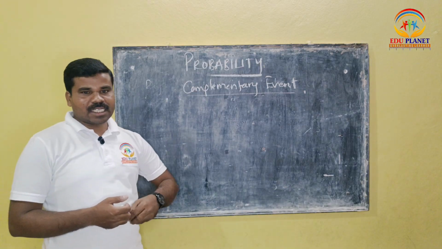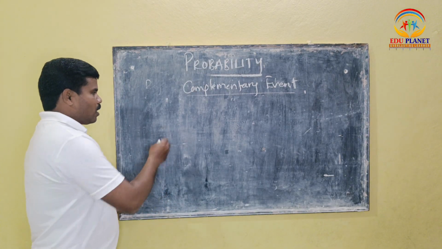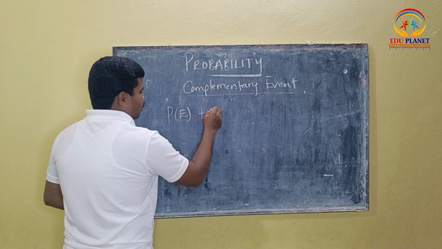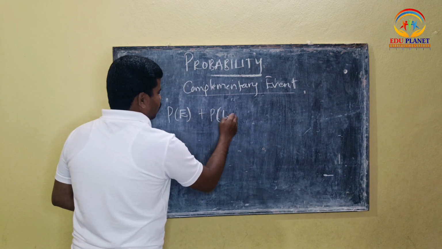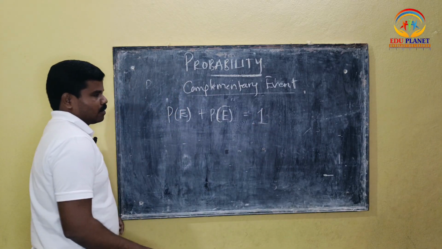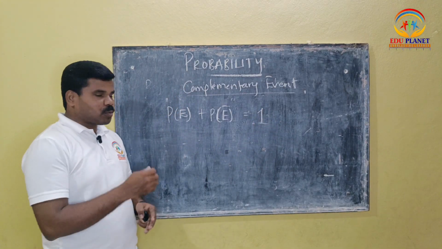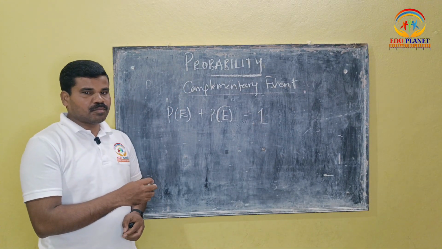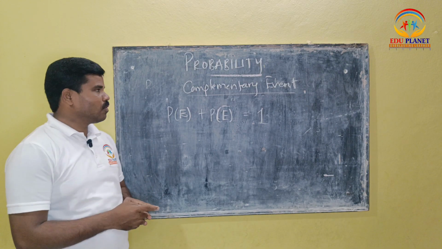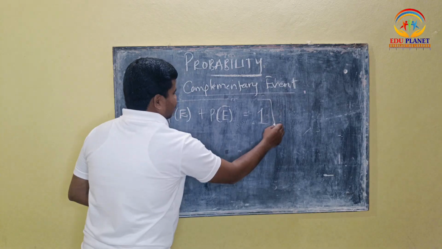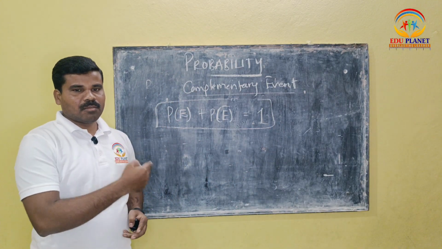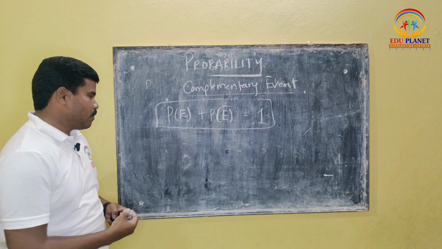When an event occurs, the probability of event and probability of not event always sum to 1. Technically, we can solve any probability related problems by using this complementary event formula.